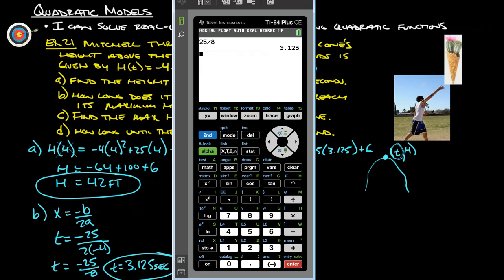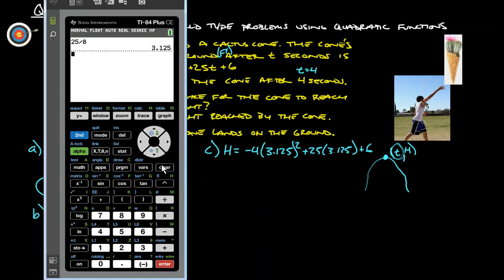Okay, so I'm just going to plug that whole thing into our calculator, and away we go. So -4 times 3.125 squared plus, yep, it goes. Make sure that when you push the plus that it goes back down, because some of your graphing calculators will just start adding the plus in the exponent here, and we don't want that.